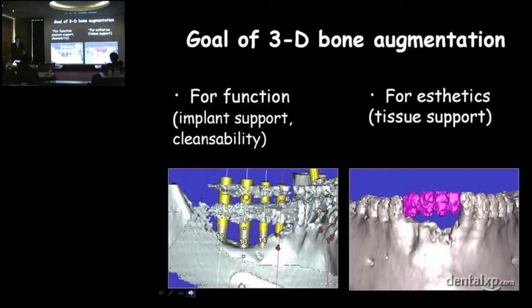Thinking about the goal of bone augmentation, it depends on the purpose such as function or aesthetics. In every individual case, the goal of augmentation, either function or aesthetic, depends on the site-specific requirements.